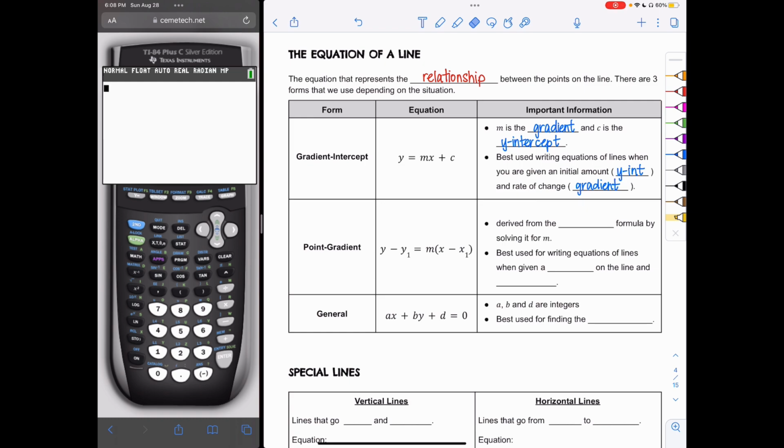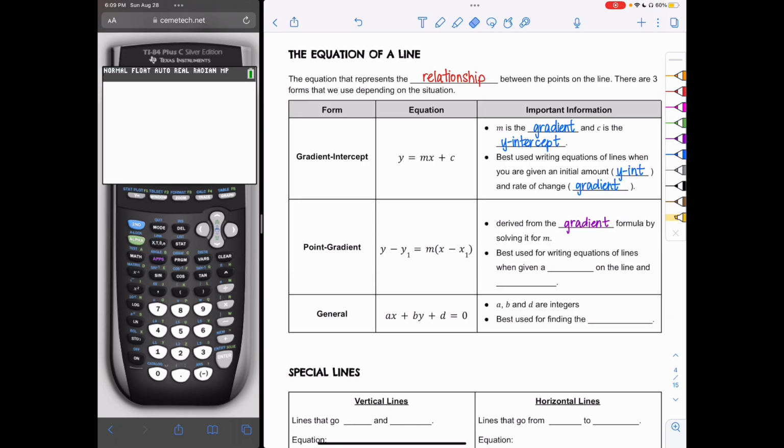And you will also notice that you don't see a y2 and an x2 in this equation. You just see x and y and an x1, y1. It is fine. The only reason why we use the ones and the twos is so that we can keep the x values and the y values together that are supposed to be together, instead of interchanging the values of the coordinate points.